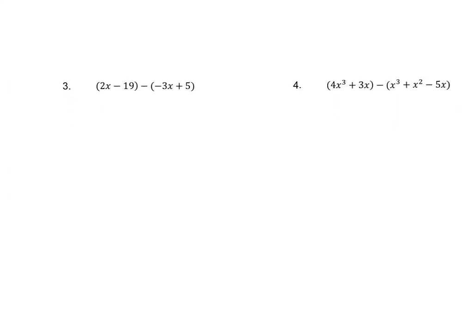All right, so now here's the deal with the subtraction. First step, you're always looking for what is in between your parentheses. So I'm looking at 3 and 4 at the same time. I see that I have these negatives or subtraction in between.